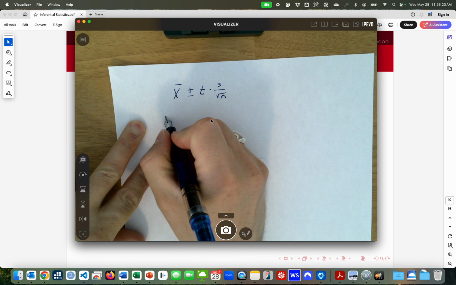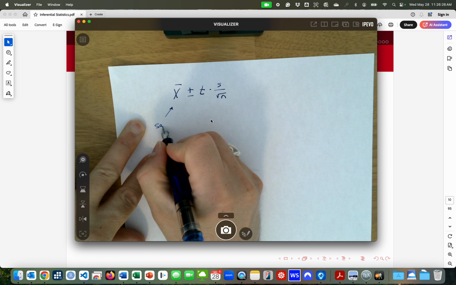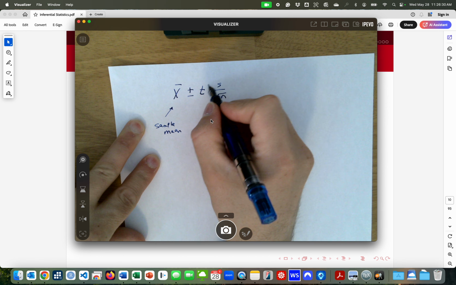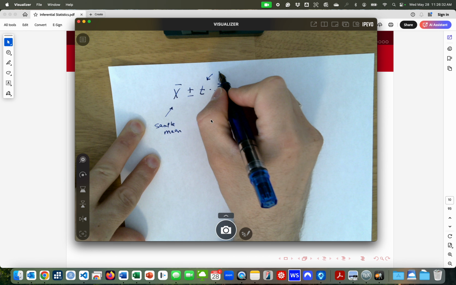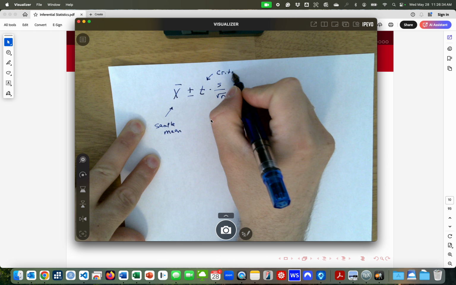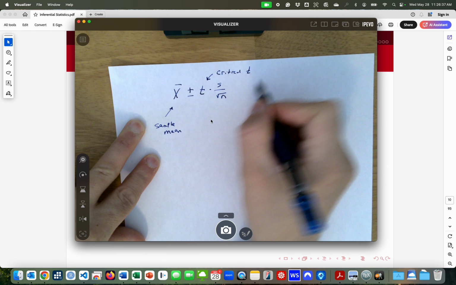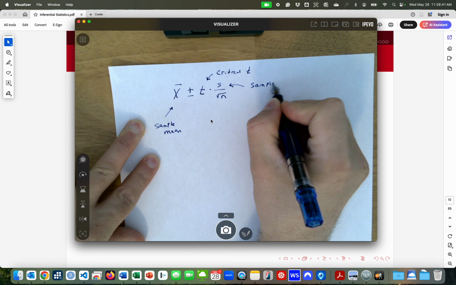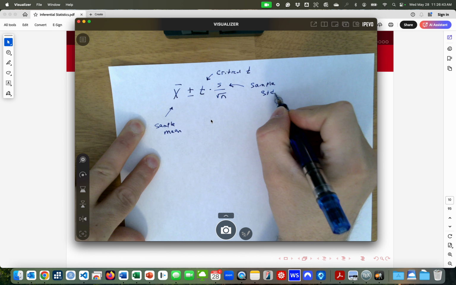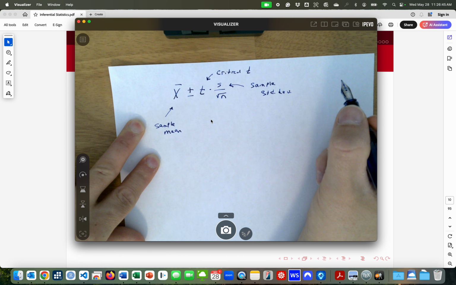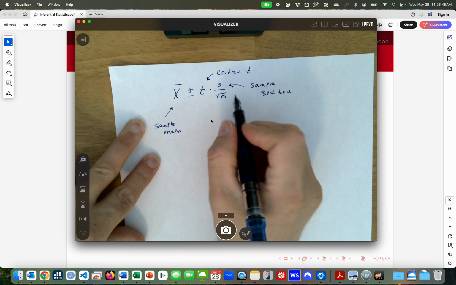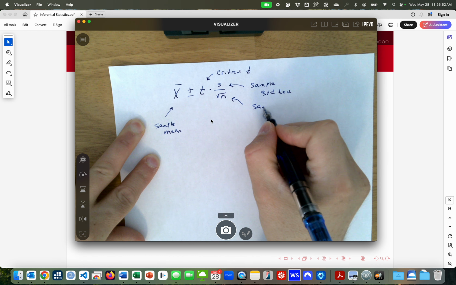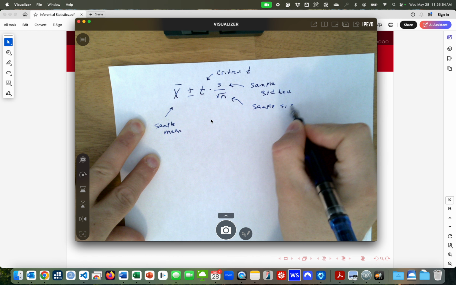This is going to be the sample mean. This is our critical t, what we're going to call a critical t value. This is the sample standard deviation. Again, I apologize for my terrible handwriting. And then this is the sample size.